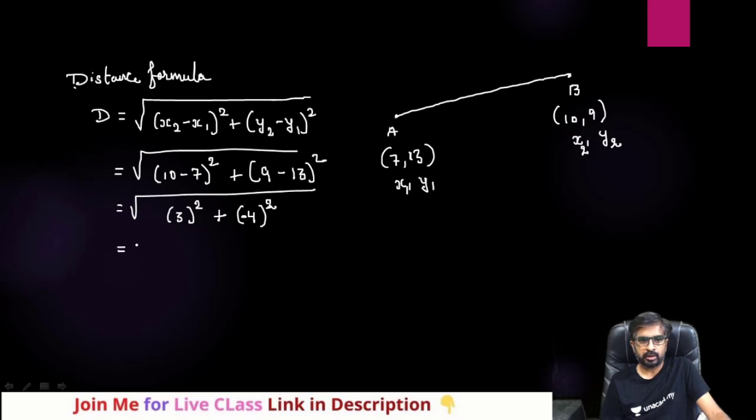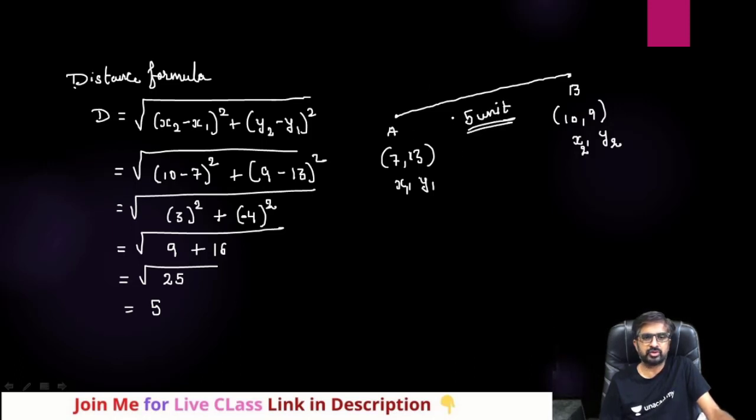So 3 square will be 9 and minus 4 square will also be positive 16, because minus times minus is plus. So here you will get distance as under root 25. Root of 25 is 5. So you can say the distance between these two is 5.